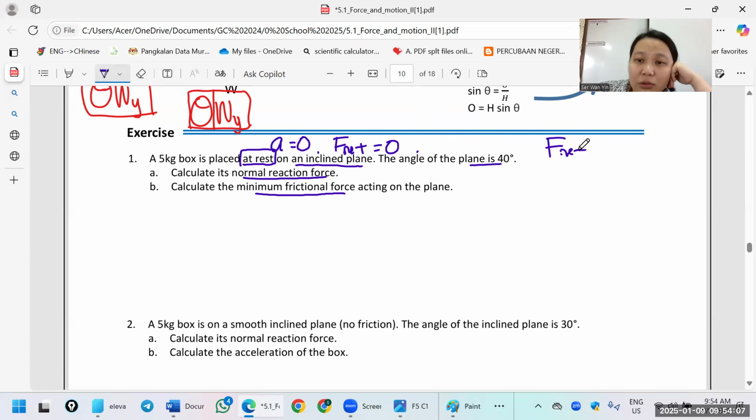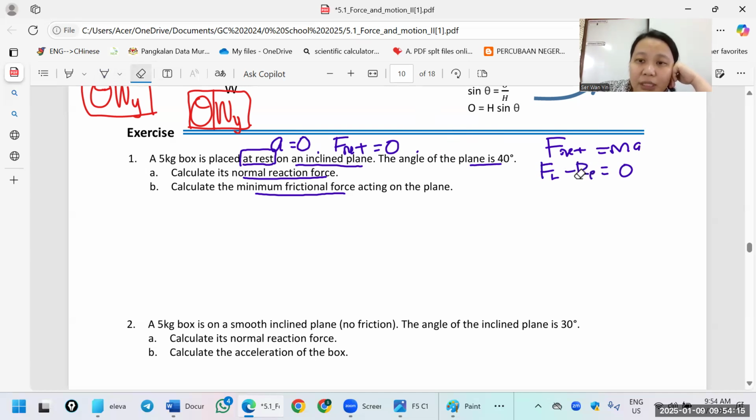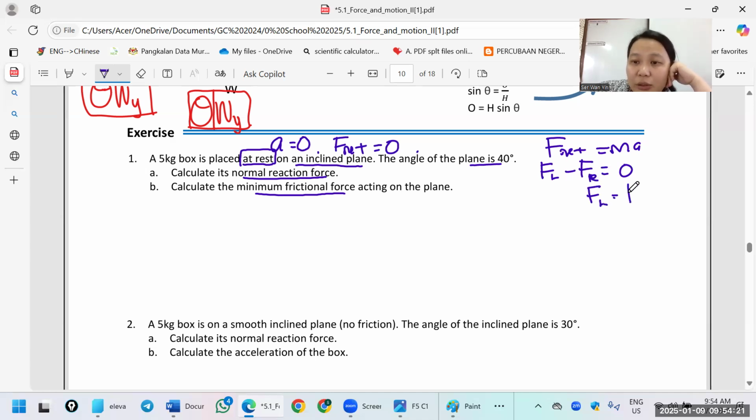Net force equals ma, which is 0. So left force minus right force equals 0, which means left force will equal right force. Understand?